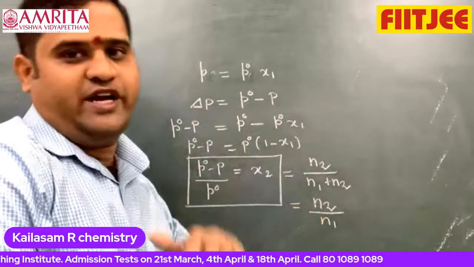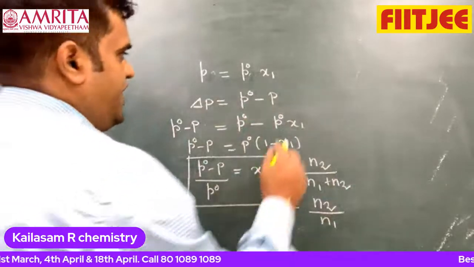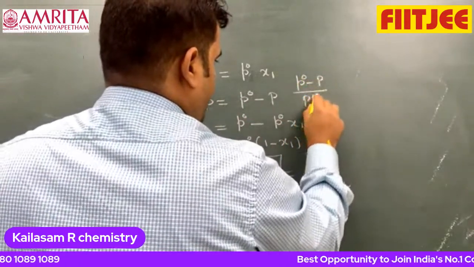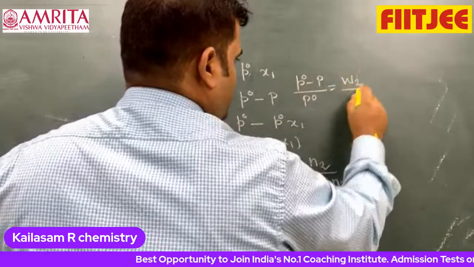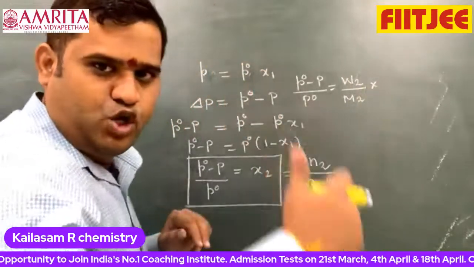What is N2? Weight by molecular weight of the solute. What is N1? Weight by molecular weight of the solvent. Therefore, P0 minus P by P0 is equal to N2, which is W2 by M2, divided by N1, which is W1 by M1.